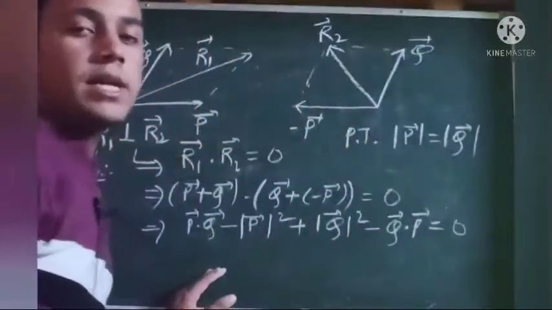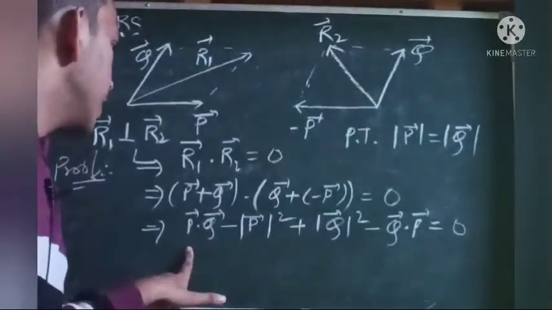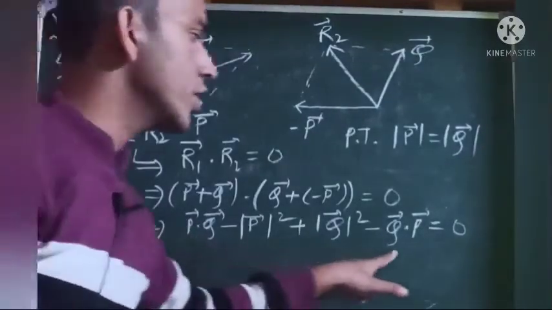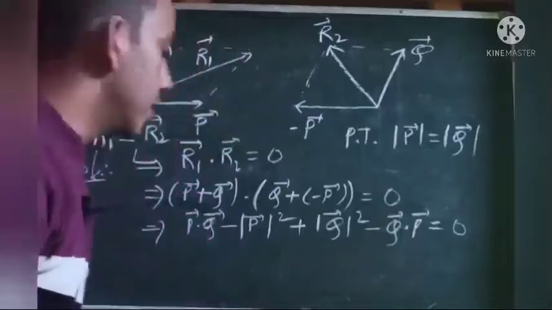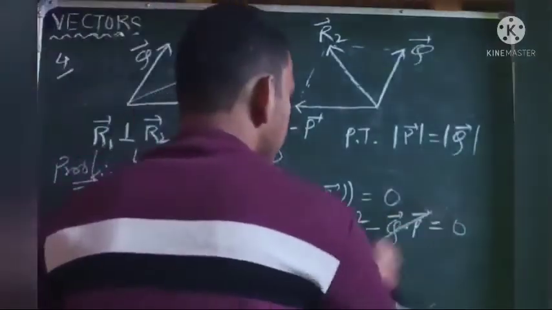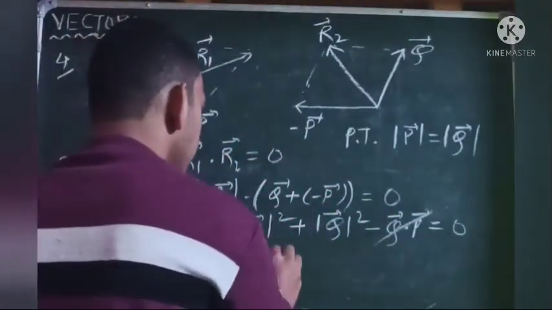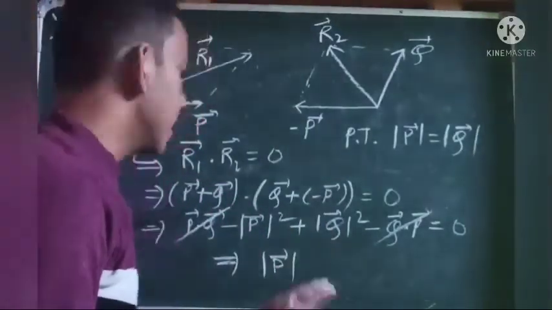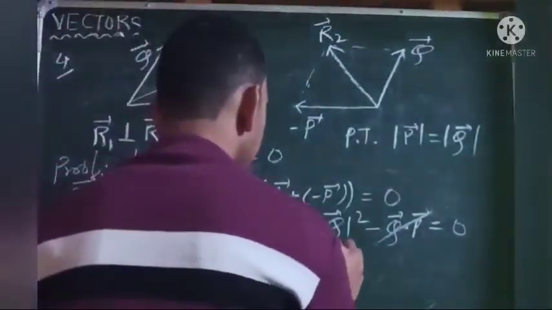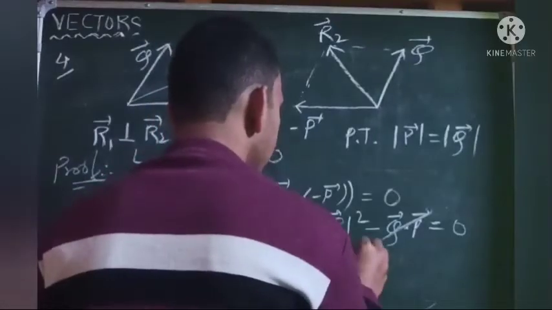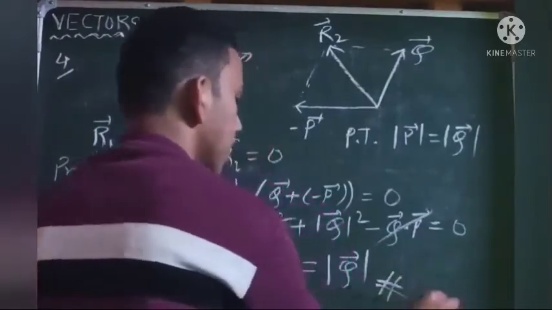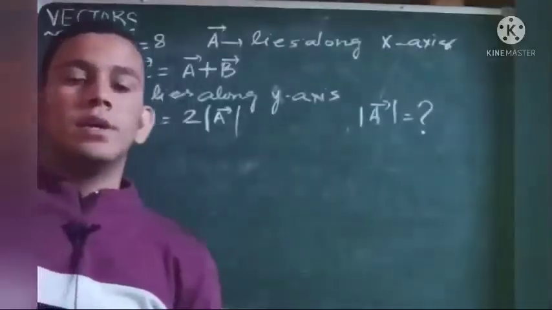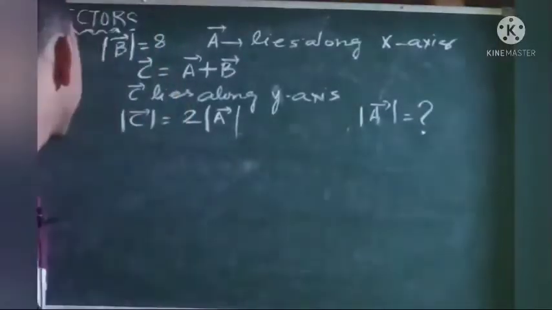Now we have learned that the dot product is commutative. Therefore P vector dot Q vector is going to be equal to Q vector dot P vector. So these two terms get cancelled. Therefore we are getting magnitude of P vector whole square is equal to magnitude of Q vector whole square. Therefore we can write magnitude of P vector is equal to magnitude of Q vector. Hence proved.